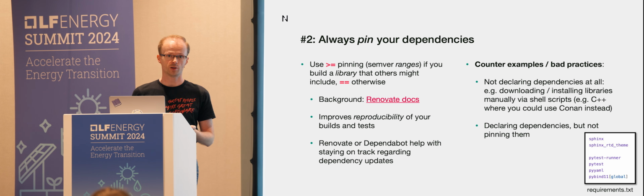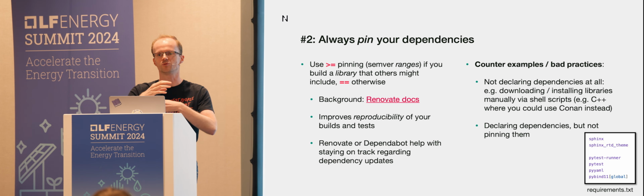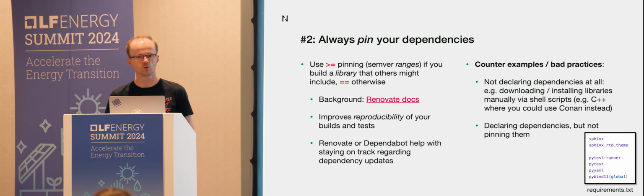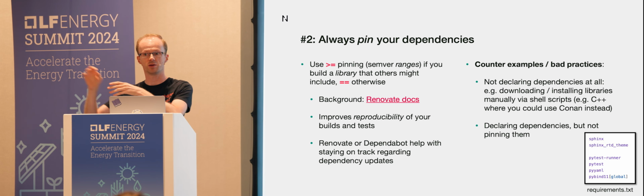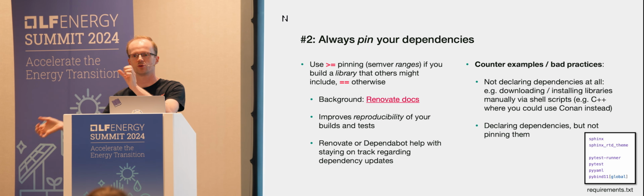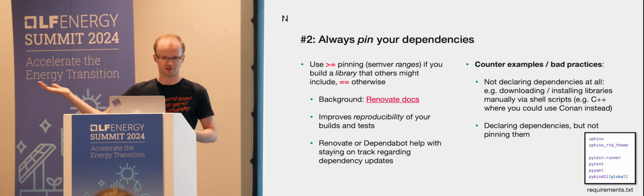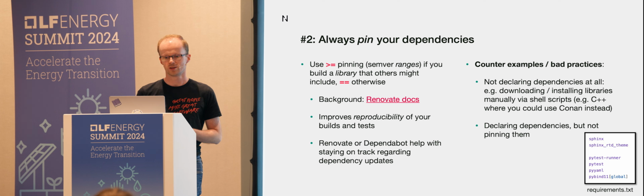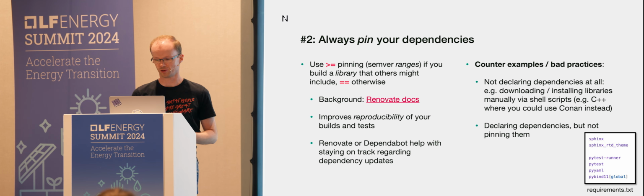If you are building a library, use semver ranges, because otherwise you would produce immediately conflicts with those projects that include you as a library, and they maybe include other libraries too, and they have conflicting equals equals things, and then the poor soul on the other end has to fix it. This will always make your reproducibility better, and to find the most recent versions, well, you have Renovate. See step 1.